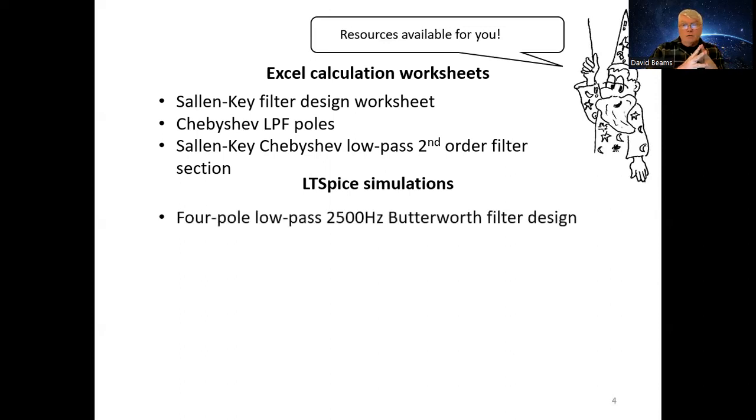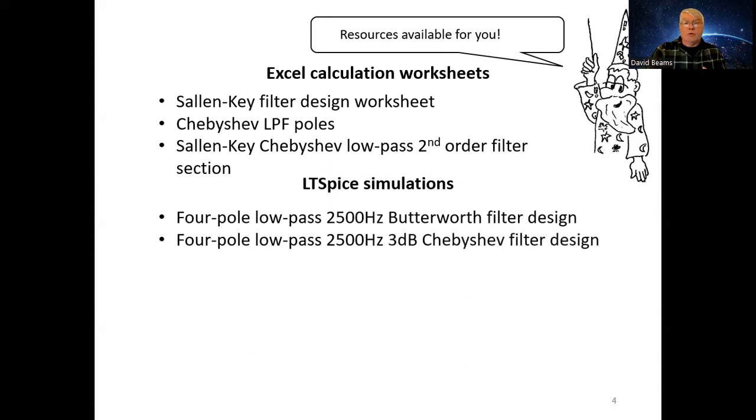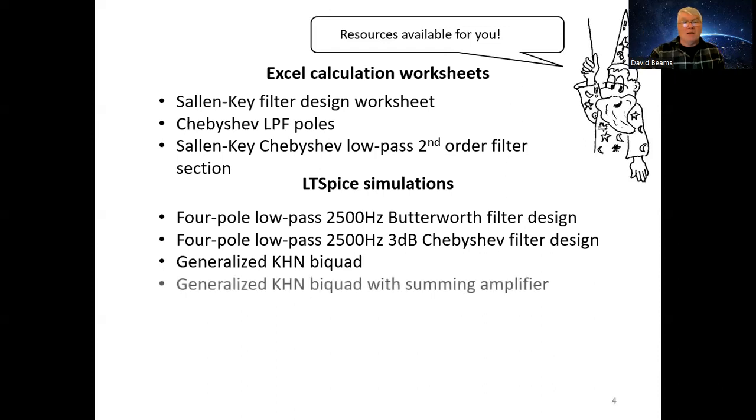There is a design example of a 4-pole, low-pass, 2500 hertz cutoff frequency Butterworth filter. There is a 4-pole, low-pass, 2500 hertz Chebyshev filter with 3 decibels passband ripple. There is an example of the Kerwin-Huelsman-Newcomb, the KHN biquad. There is a KHN biquad with a summing amplifier.